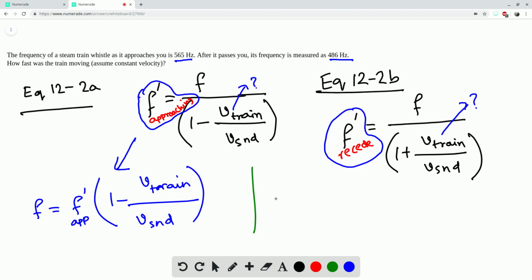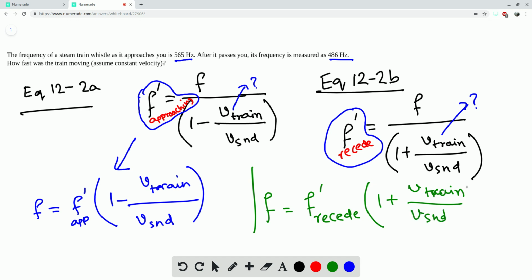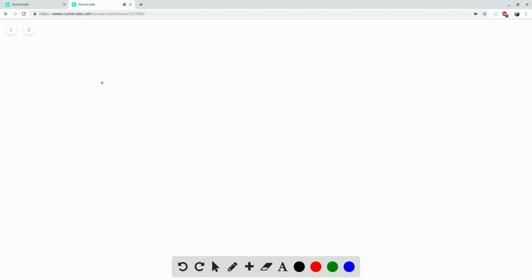So f is going to be f prime recede times 1 plus the velocity of the train over speed of sound. Now, since these two are equal, we can equate these two equations and solve for the velocity of the train. So let's do that.